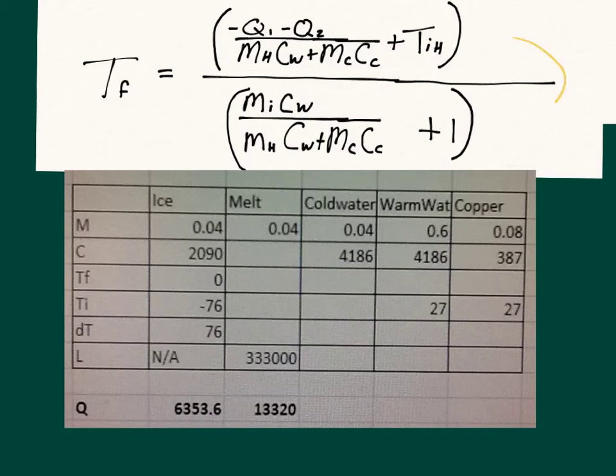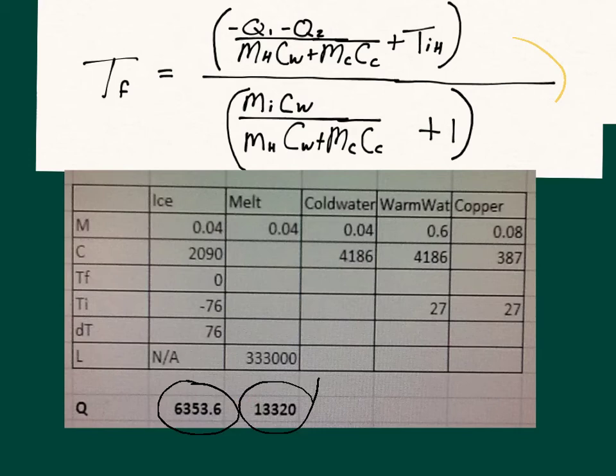And so you got Q1 and you got Q2, so make sure you keep the negative sign on both of those whenever you put it in. So it's going to be minus 6353 and minus 13320. And then everything else you just substitute.